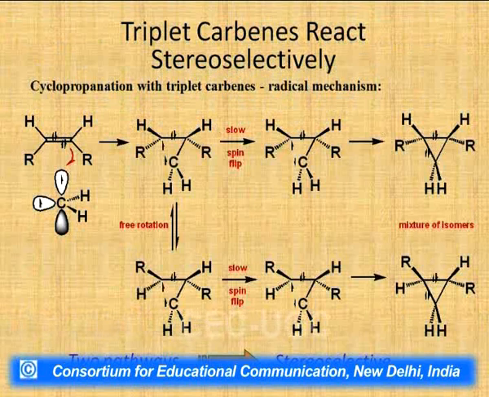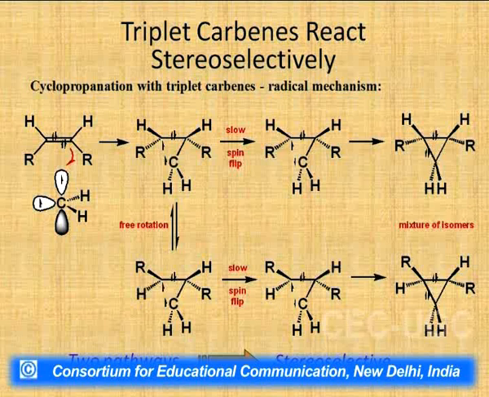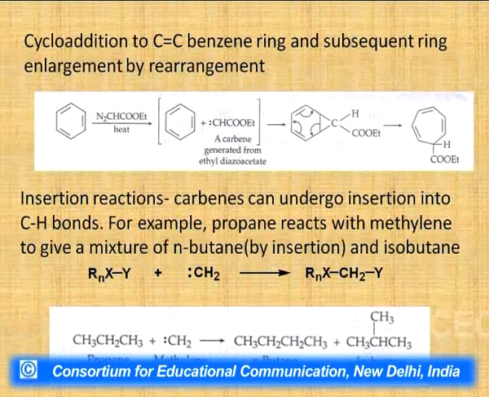Triplet carbenes react non-selectively. Two pathways are there. There is a rotation about the single bond, and the product will be a mixture of isomers, whether we take the cis reactant or the trans reactant. The product will be a mixture of isomers, cis as well as trans.